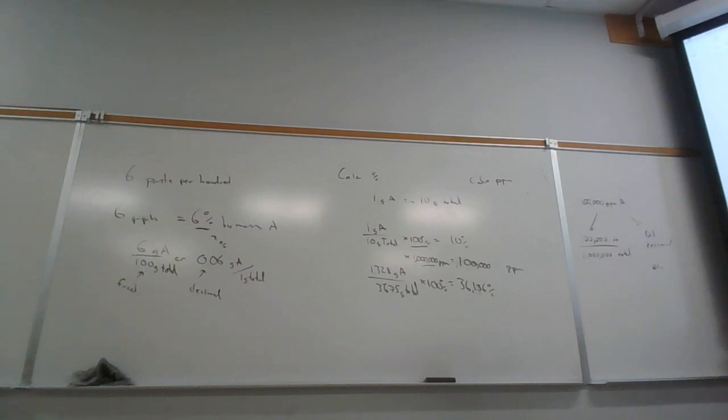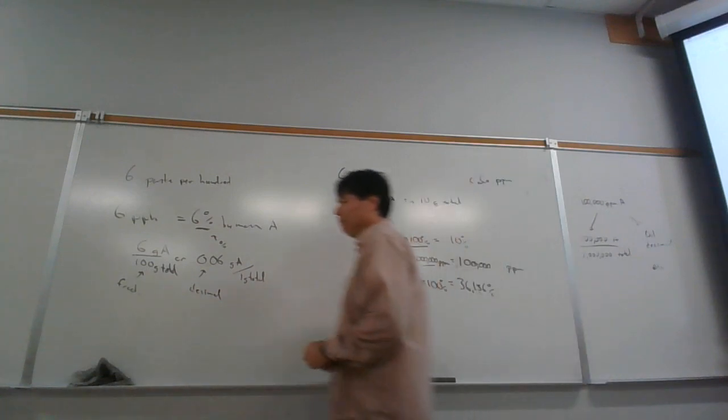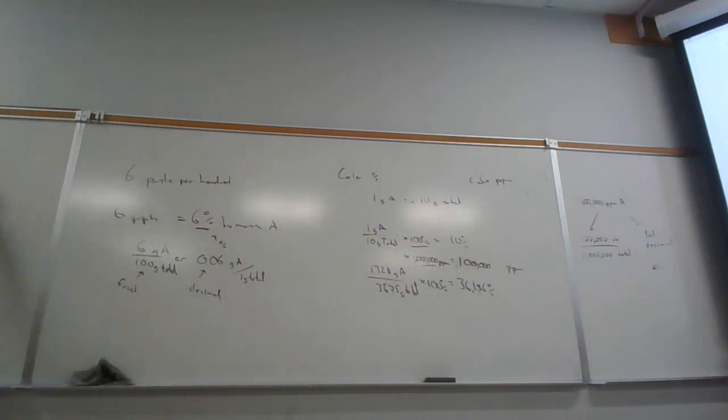Here it is. Pool water having 1 part per million chlorine means 1 gram of chlorine per million grams of pool water. Is that right? Yeah, that's right. If it were 1%, this would be 1 gram of chlorine out of 100 grams of pool water.